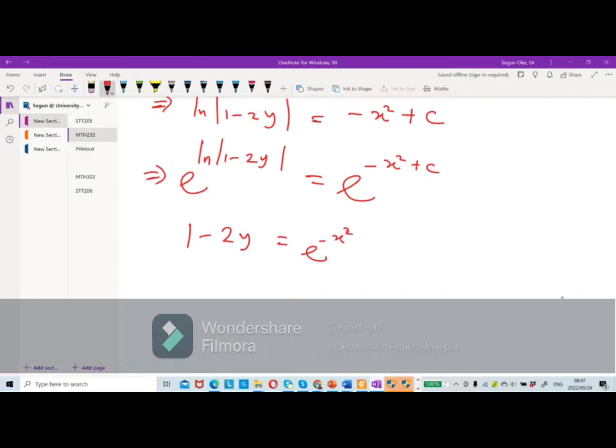You remember that when you have a raised to power x multiplied by a raised to power y, it is the same thing as a raised to power x plus y. So that is what we have here. It simply means this is times exponential c, which is still the same c we are talking about. Exponential c is c. So we have 1 minus 2y equals c exponential minus x squared.